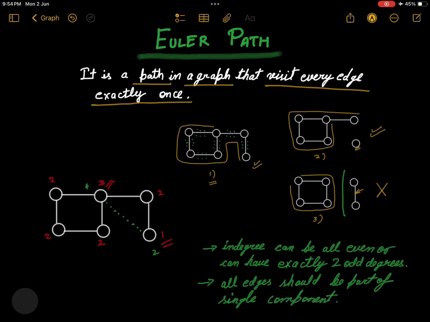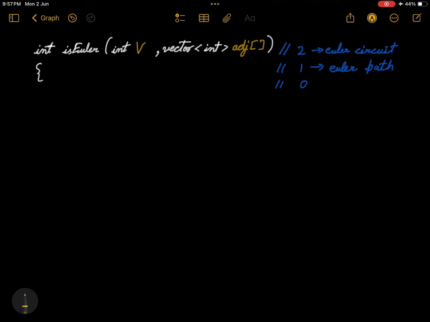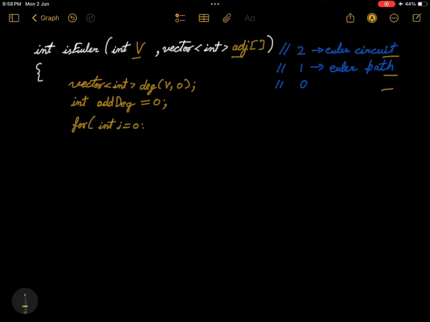Let's see the code for this function. We have a number of nodes, adjacency list, and we will return 2 for Euler circuit, 1 for Euler path, and else 0. Okay, so first let's create a vector degree and then an integer odd degree which will store the count of odd degrees. Then we will iterate over the nodes.